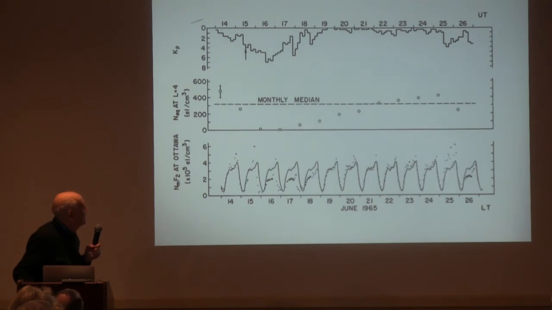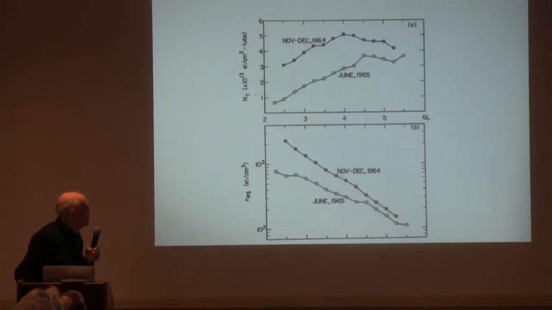And then here are some of his comparisons of the ionosphere and plasmasphere, with the ionosphere below recovering within 3 days and the overlying region requiring longer, at least 5 days or more, which was a nice early demonstration of the different physics that we're dealing with in the two media.